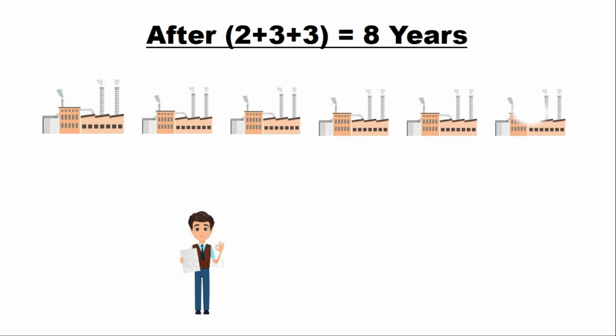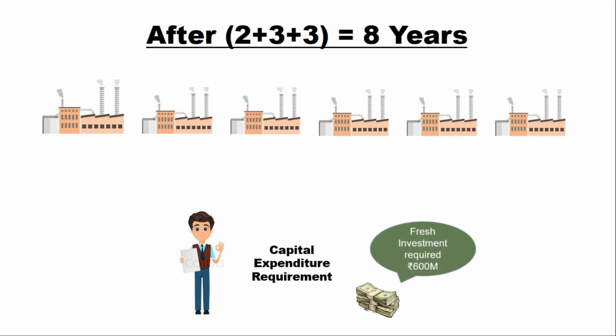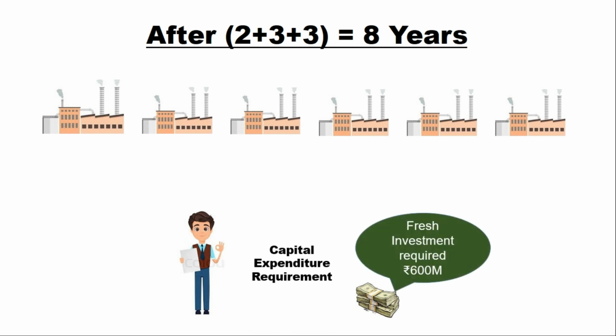The capital expenditure requirement for the new ambition is now valued at 600 million. The company does not want to raise money through debt because of the interest rate burden, also called the finance charges, which would eat away the profits the company generates.